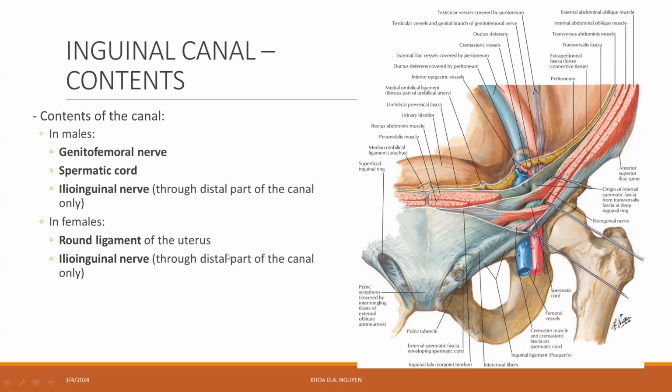And in the female, the contents of the inguinal canal are going to be the round ligament of the uterus and the ilioinguinal nerve once again. The reason why you have the round ligament of the uterus inside this canal is simply because it is the remnant of the gubernaculum in the female. Remember, in the female, the ovaries don't go through this canal. They go into the pelvic cavity, right up here.